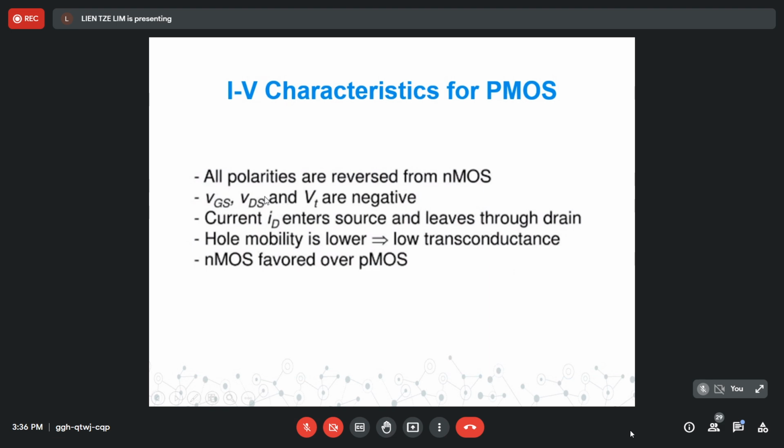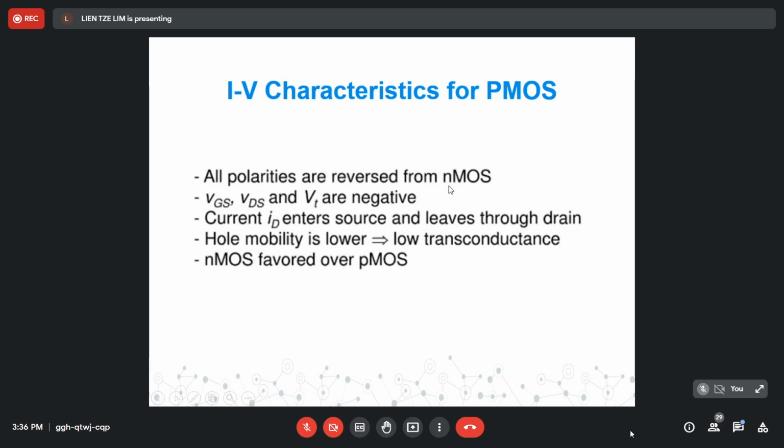When we plot a load curve for PMOS, all the values will be negative and all the polarities are reversed from NMOS.